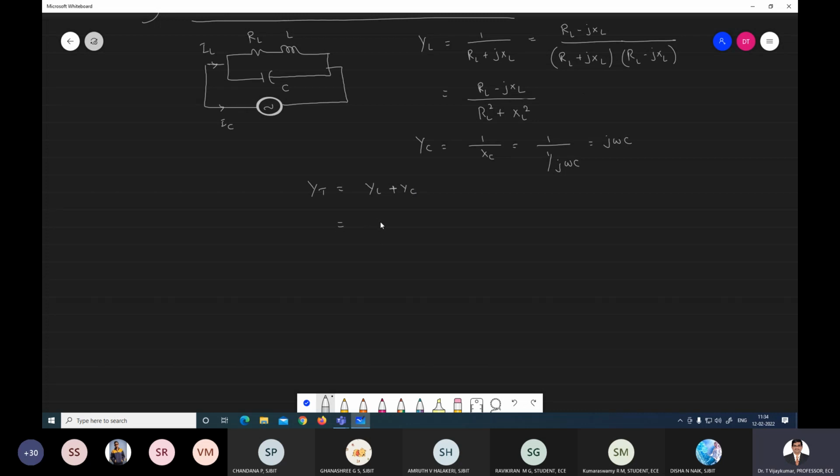So this is RL minus JXL divided by RL square plus XL square, plus YC, which is J omega C. Now separate the real and imaginary parts. This is RL divided by RL square plus XL square, plus J into omega C minus XL divided by RL square plus XL square.